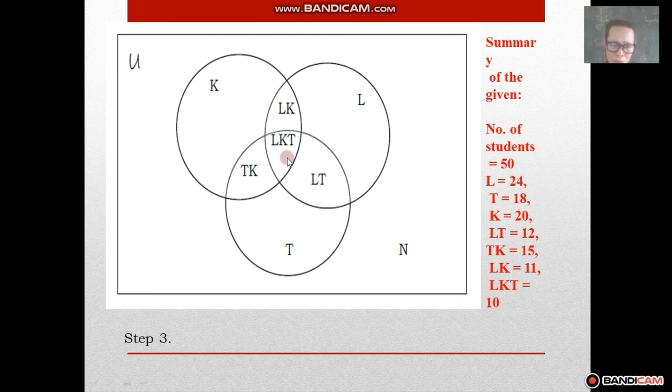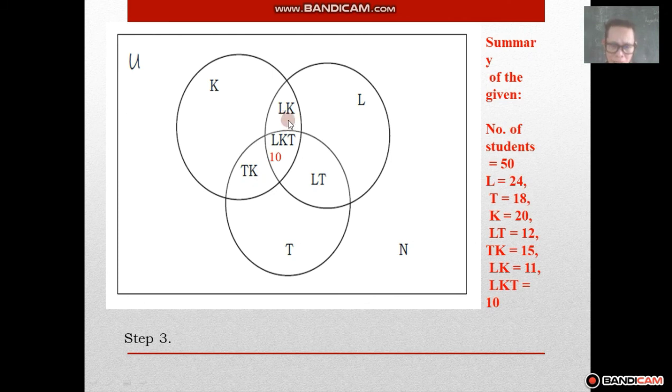So if we compute mentally, we need to fill this up first. Based on the given, that is 10. Now, next, we need to fill up the intersections, this area here. Again, we need to fill up this one first.